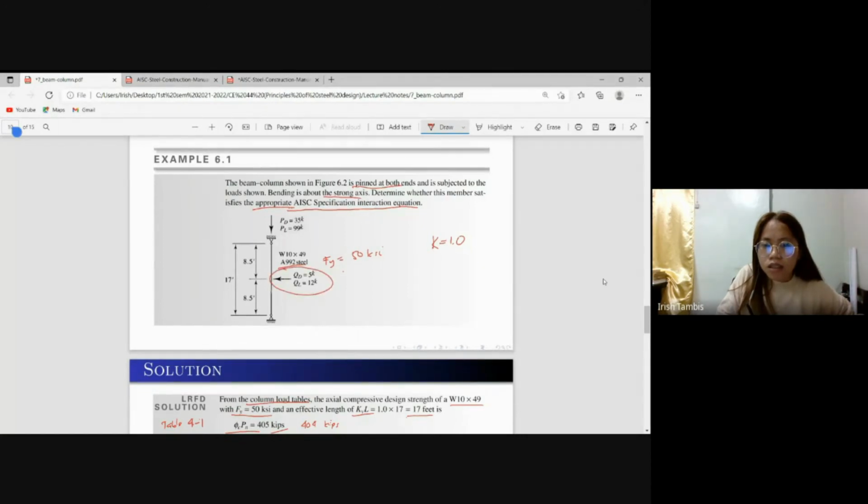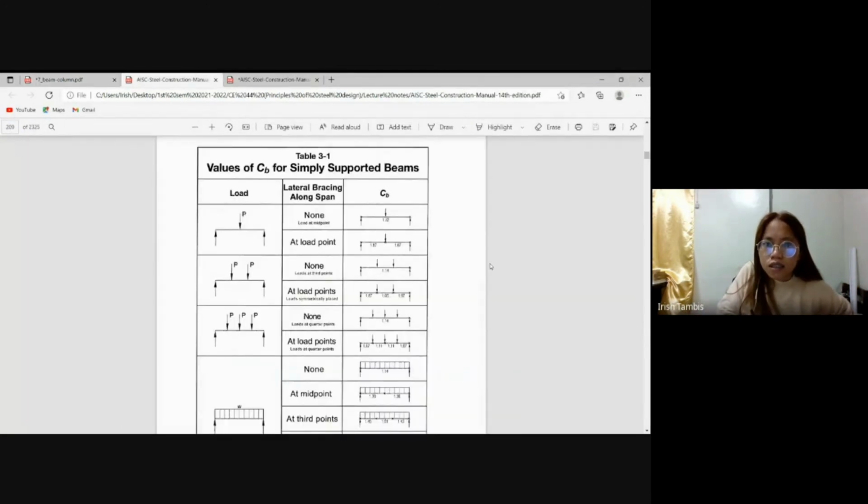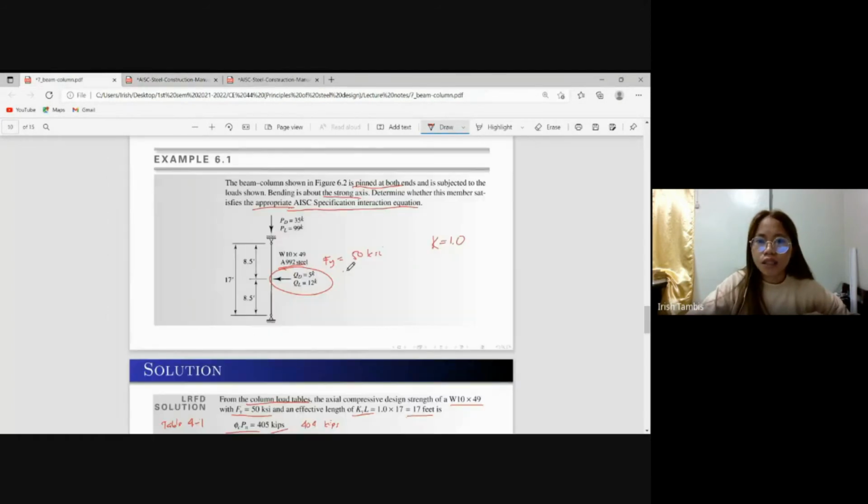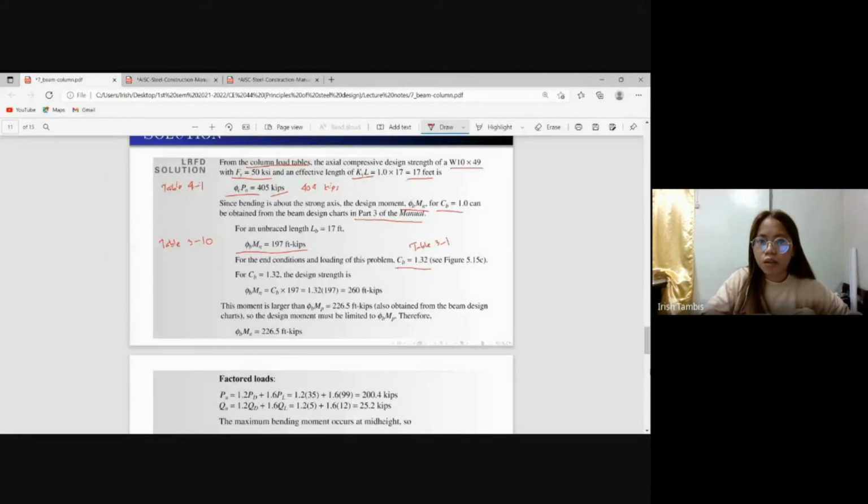So, it is considered as this load, so that your C sub B is 1.32. This one, no? 1.32. So, the true C sub B is 1.32.